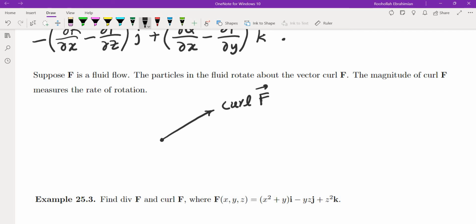It means that the particles around this point are rotating this way, and in fact, it satisfies the right hand rule. The magnitude of this is the rate of rotation. So the speed of rotation is just the magnitude of curl. The magnitude of curl of F is the rate of rotation.